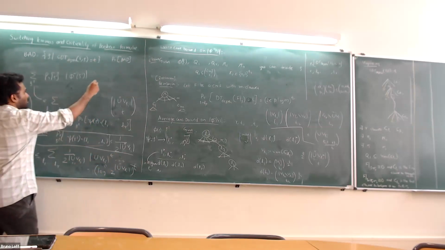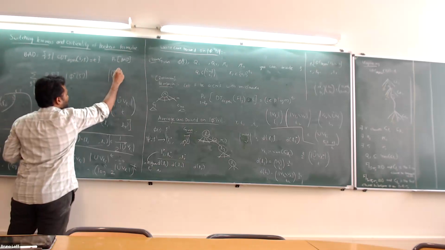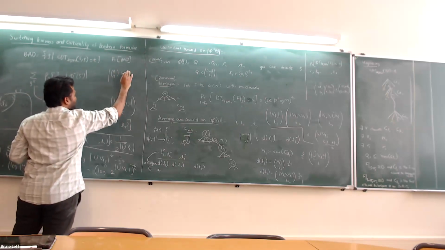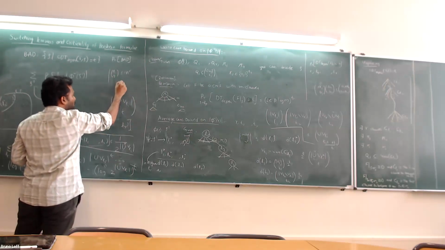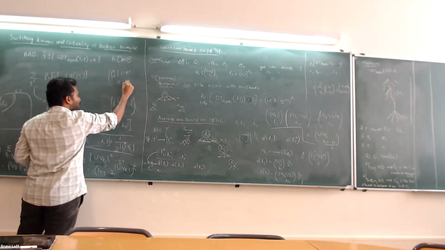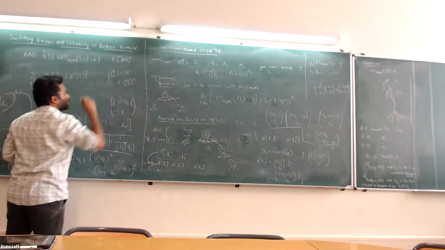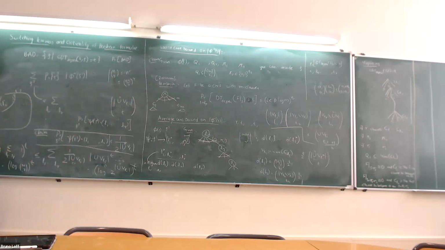And n choose R is upper bounded by e n power R for sure, but it is also upper bounded by e n by R whole power R. I always forget it.